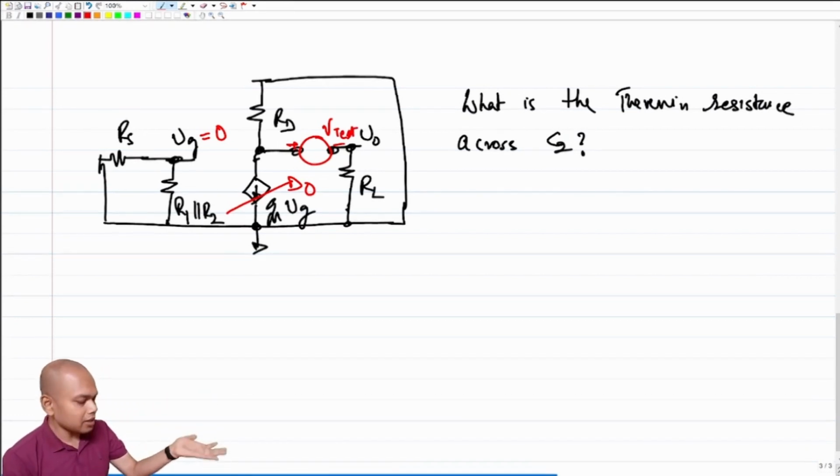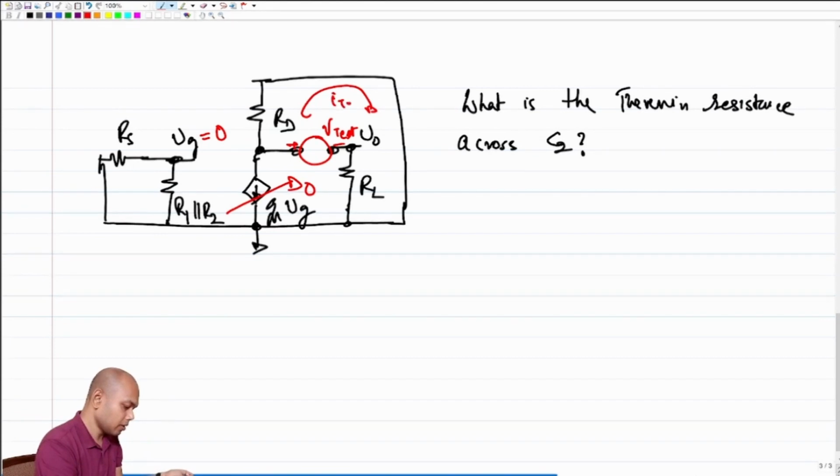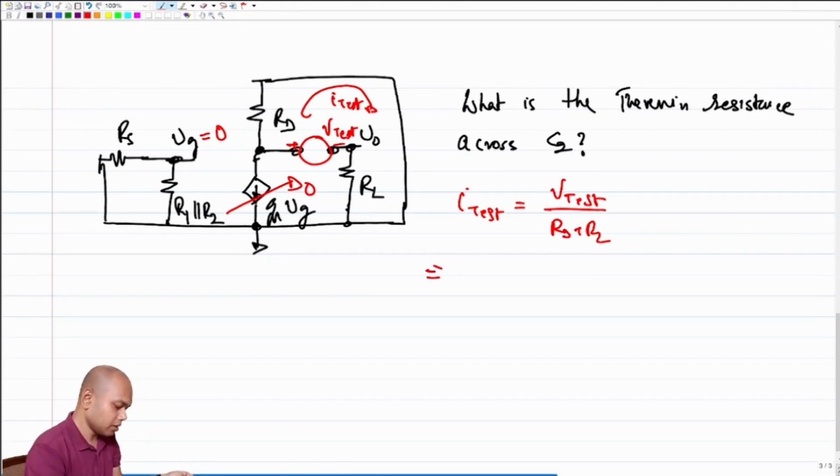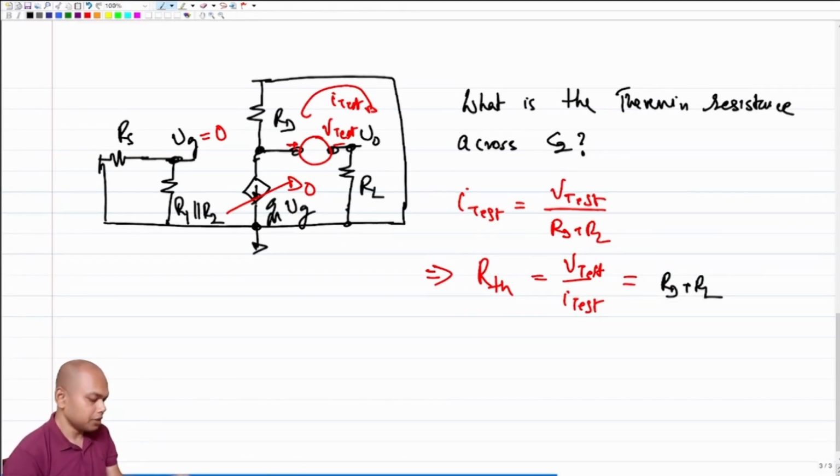In this case, clearly the test current Itest will be equal to Vtest over Rd plus RL, right? So in other words, R Thevenin will be Vtest over Itest, which will be equal to Rd plus RL, which means what?